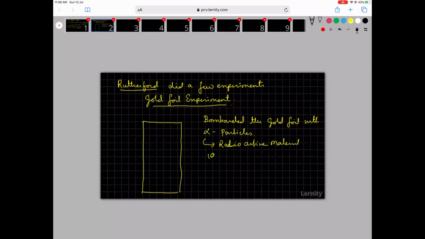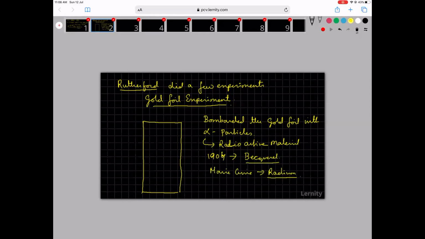Around 1904, there was a scientist by the name Becquerel. Marie Curie gave a specimen of radium to all her friends.